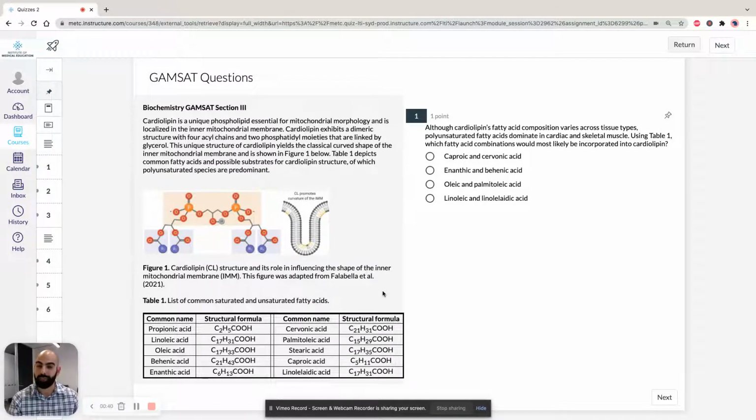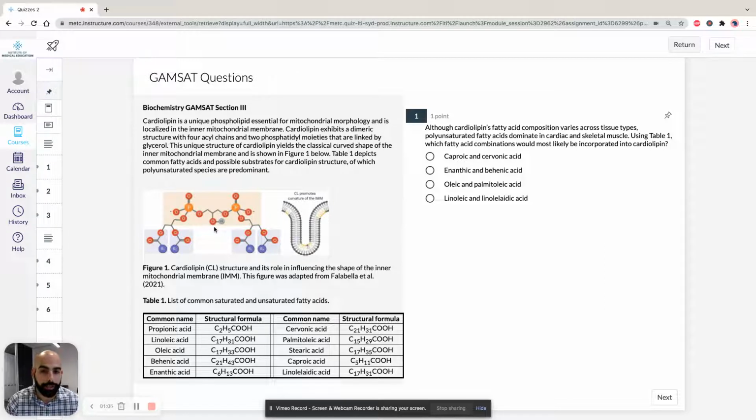Okay, cool. So once you've had a read of that, it's important to note that when we read the stimulus here, cardiolipin is a pretty unique structure. It exhibits this dimeric structure here with the 2 phosphatidyl moieties that has 4 acyl chains, so just 4 fatty acid chains joined here of any combination, and it's linked here in the center by glycerol.